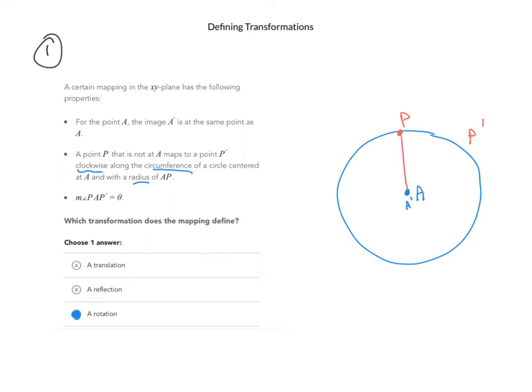These should be the same distance away from the center if I drew a perfect circle, and it would create an angle theta of this P prime. So it is a rotation going clockwise.